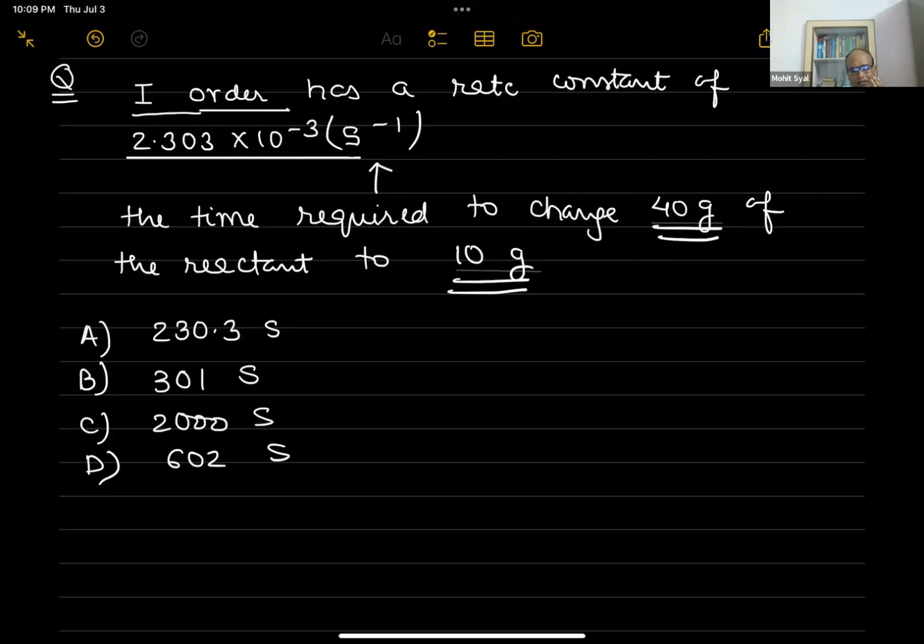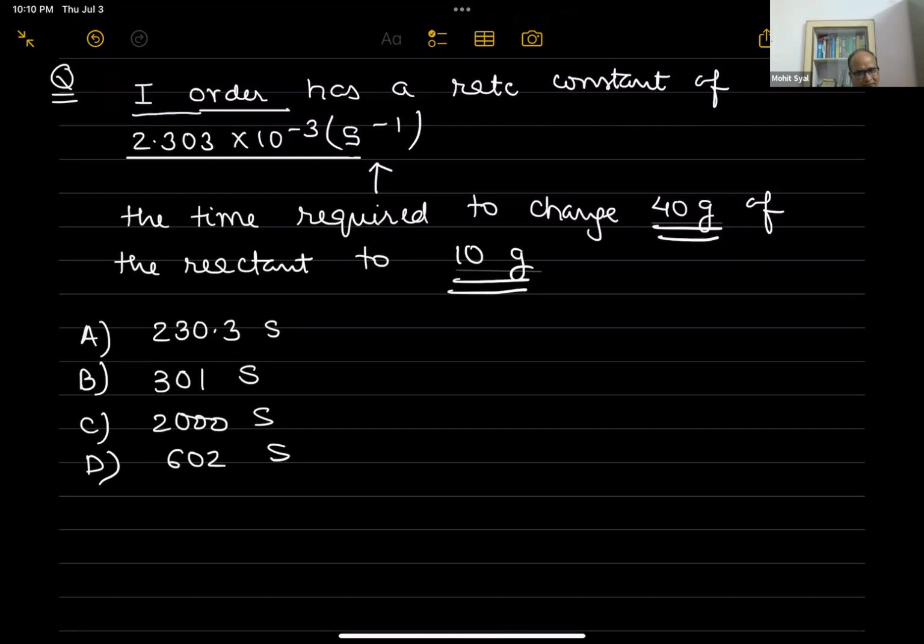Very easy question. The data is also very small. If you can figure out what it is trying to ask, you can very easily do it. So what is the time required to change 40 grams to 10 grams? Yeah, Ibrahim, tell me, how should we do it? Jovita, what answer are you getting?